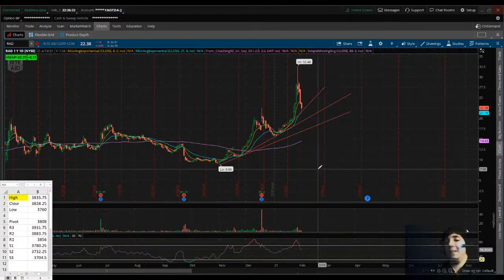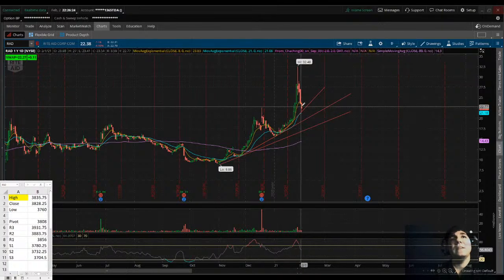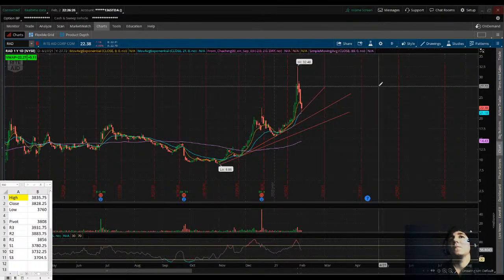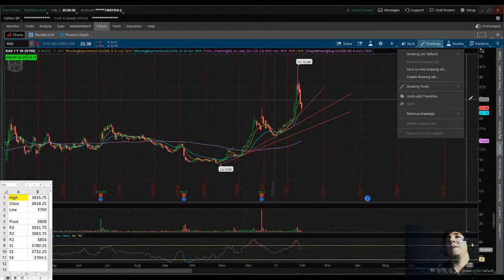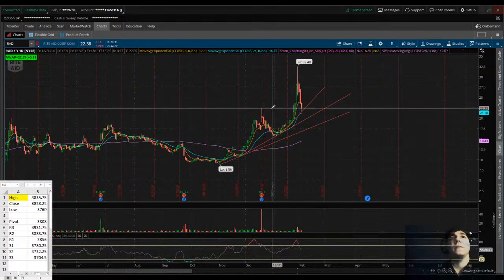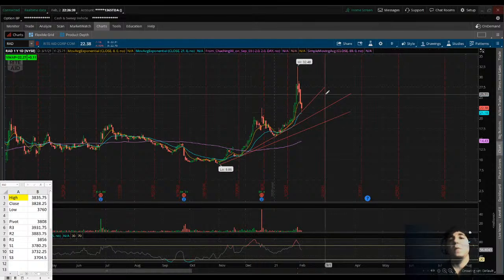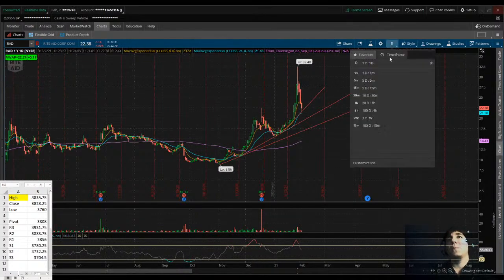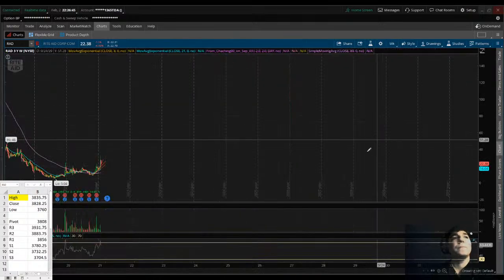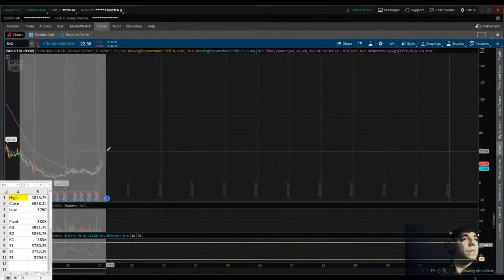Now you can see it hit some support right there. And I'm just going to point this out to you. Let's see if we just take this line right here. Let's see. I'm going to bring this out a little bit.